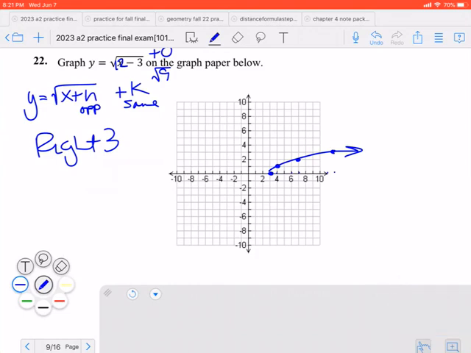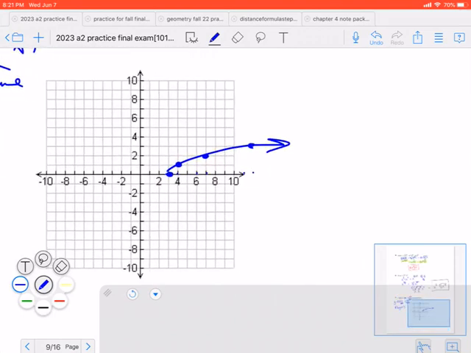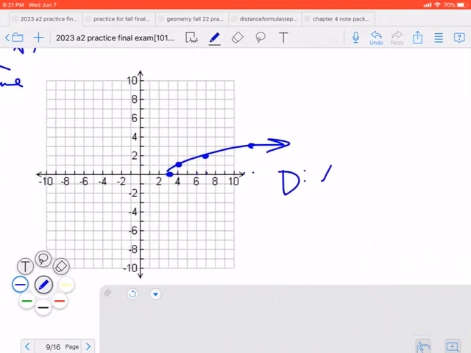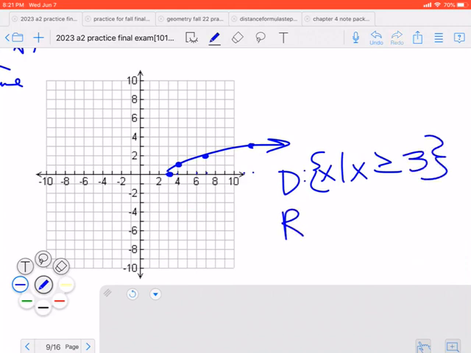And I know it doesn't say it, but just for the review of it, domain: x such that x is greater than or equal to 3. It's only on the right of 3. And our range, y such that y is greater than or equal to 0.